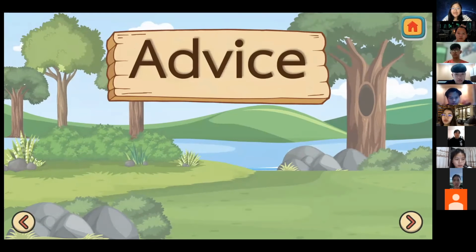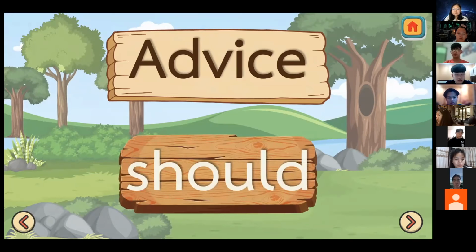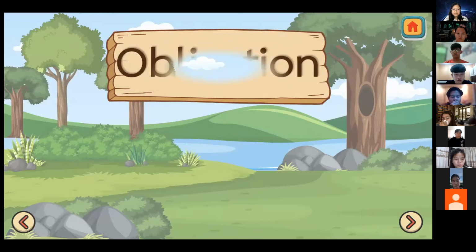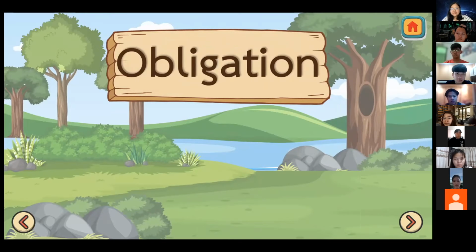Next is advice. When you want to give some advice to someone, you can use the word should. Okay? Next, obligation. Obligation is used for a situation where you want someone to do something.